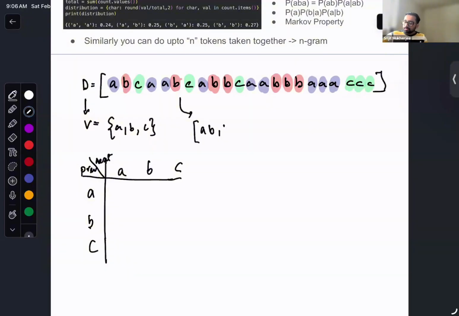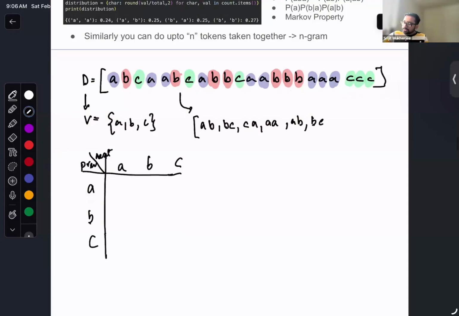A, B, B, C, C, A, A, A, B, B, C. So I'm here. Remind me if I'm missing something. C, A. Ideally, you should also be doing this by hand.